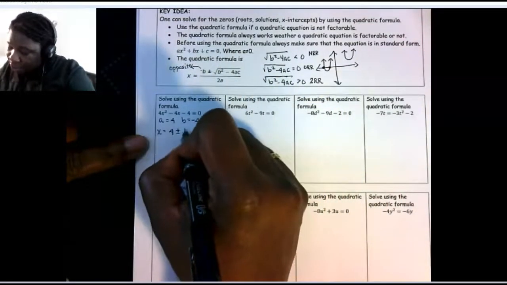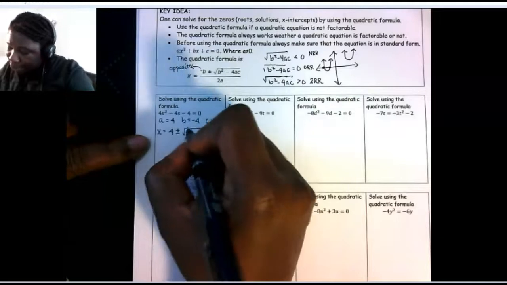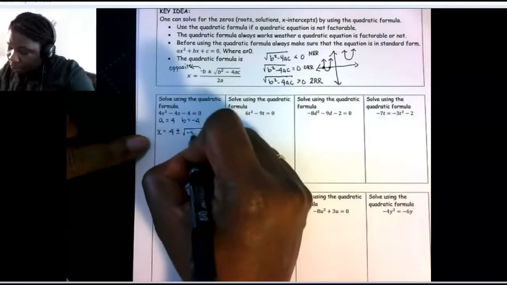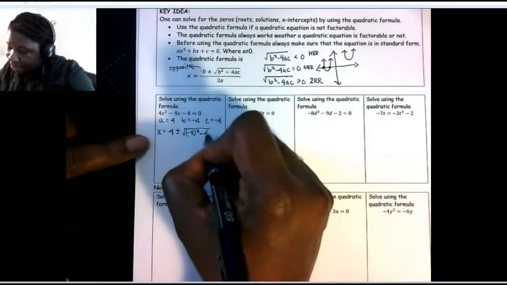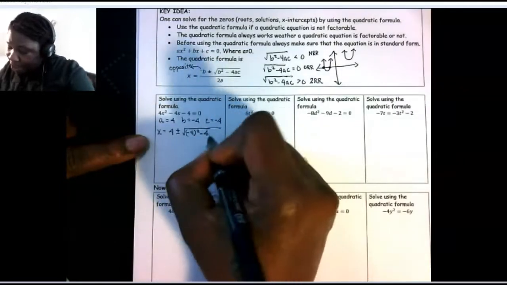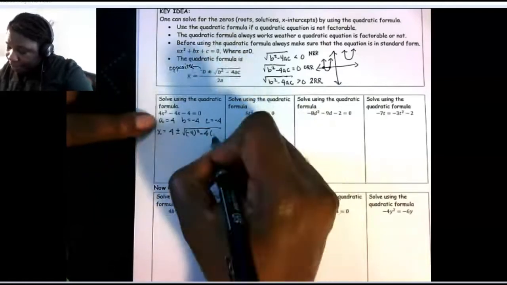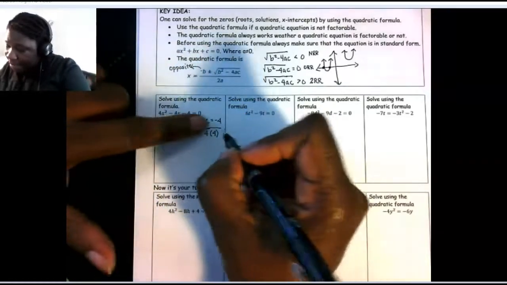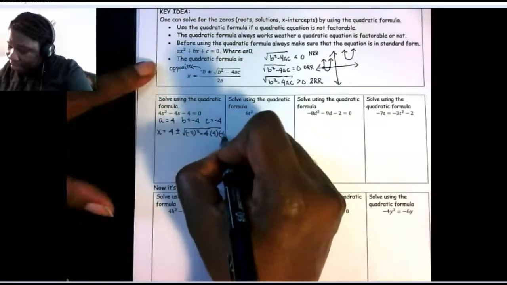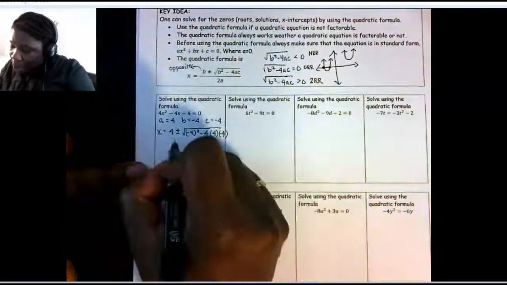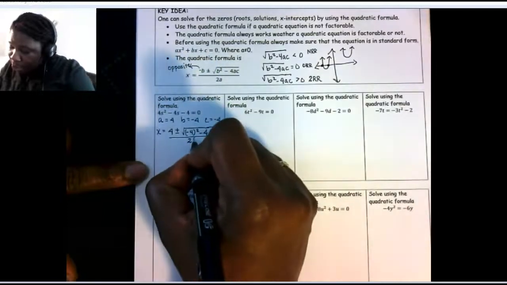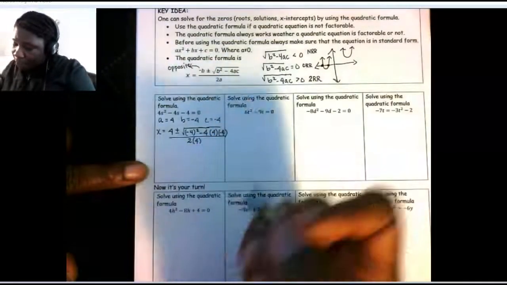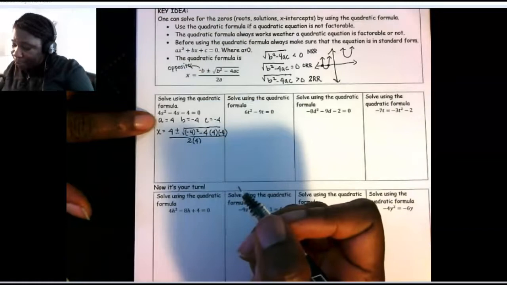Then we're going to do b squared, which is negative 4 squared minus, yes, this 4 always stays here. A is 4 and c is negative 4. All of that, and what this is telling me is I need to write smaller, 2 times 4. And I got that from right here.